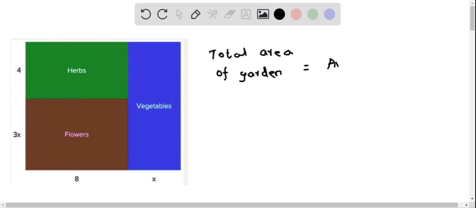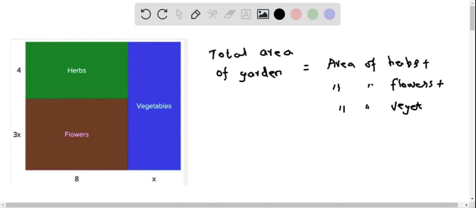So we write down area of herbs plus area of flowers plus the area of vegetables. So it's basically we have to determine the area of the herbs, flowers, and vegetables and add them together.